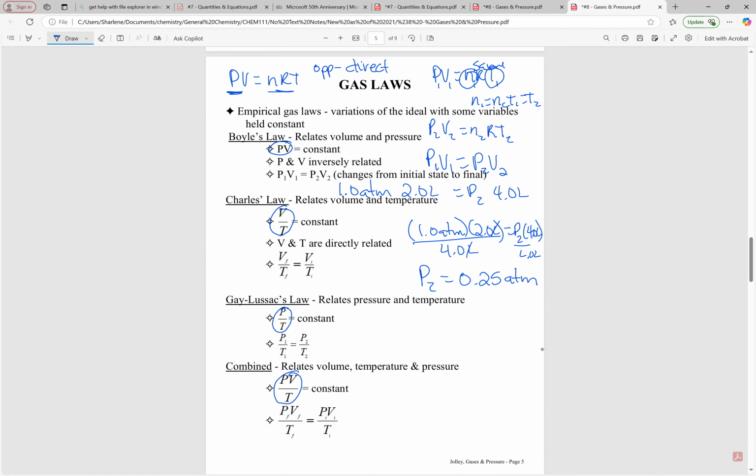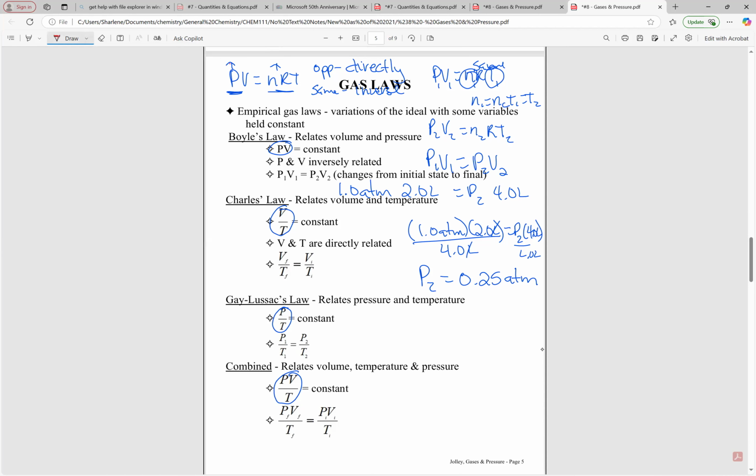Because if you increase one, so if you increase the left side, mathematically, you also have to increase the right side. If they're on the same side, there's going to be a difference. So if they're on opposite sides, they're directly related. If they're on the same side, they're inversely related, which means we're looking at the pressure and the volume now. I'll change colors.